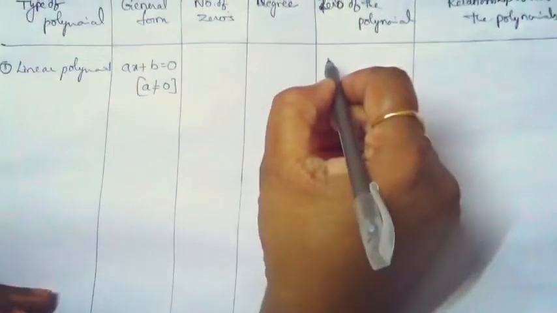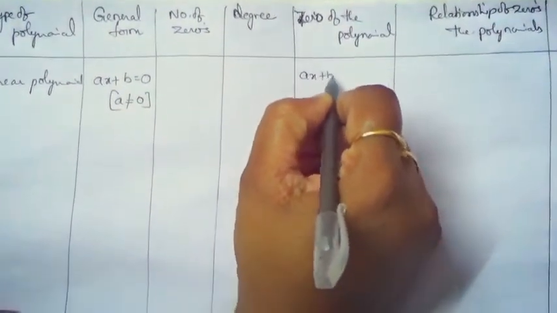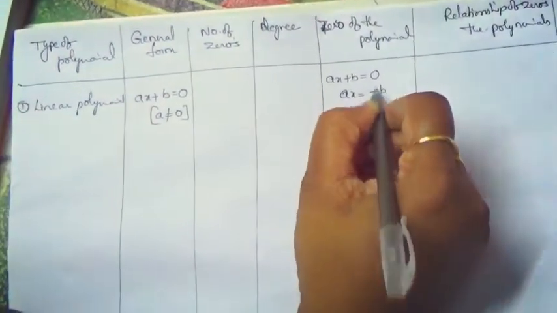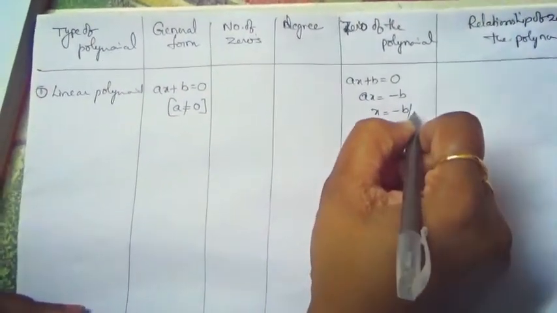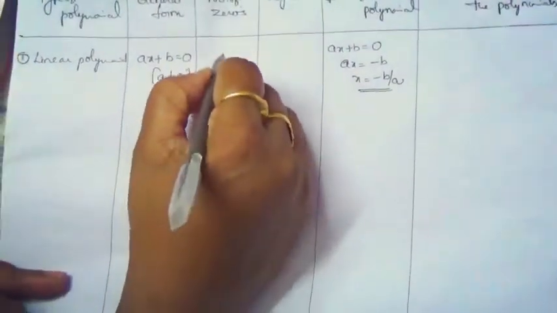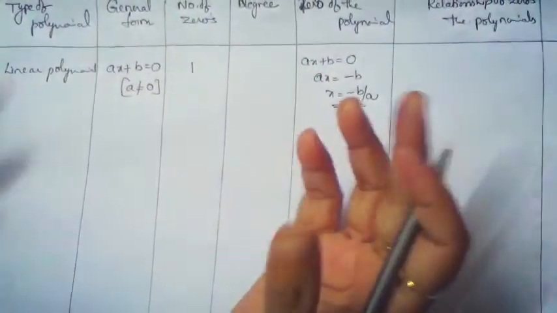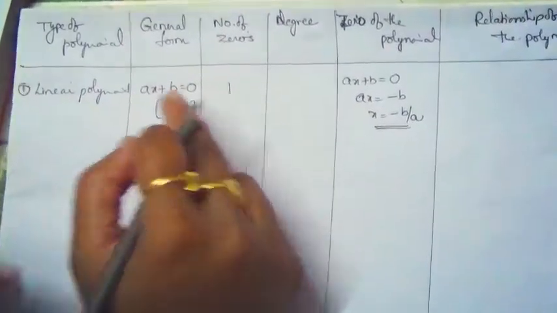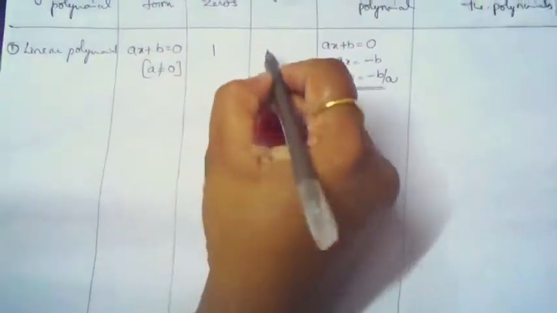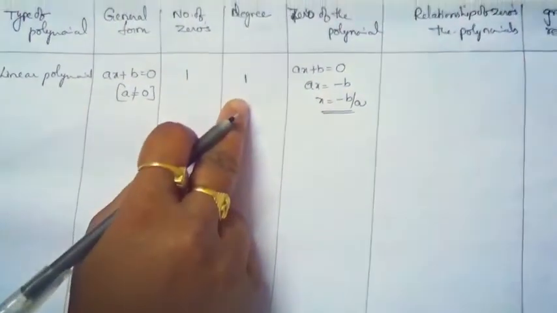The zero of the polynomial means ax plus b is equal to 0, ax is equal to minus b, x is equal to minus b by a. How many zeros will you get? Only 1. What is the degree of the polynomial? Degree means highest power, that is also 1.